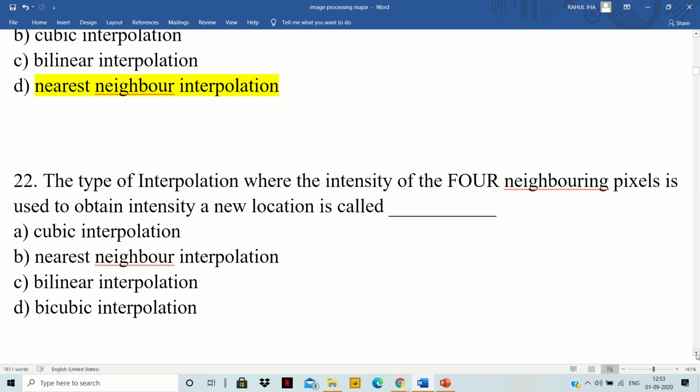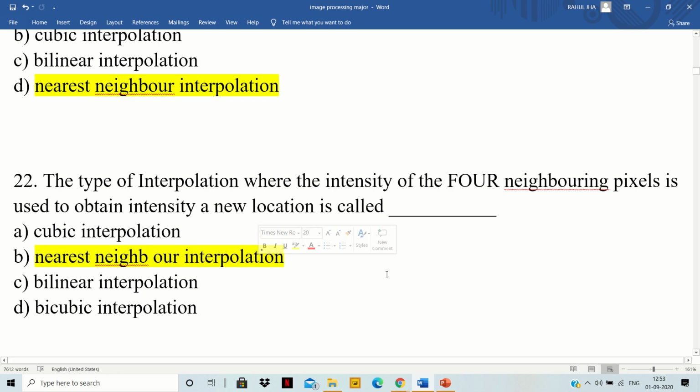It means we are using the intensity of four previous neighboring pixels which are already present in the image, and we are using those pixels to find the intensity of a new location. So the right answer will be nearest neighbor interpolation.